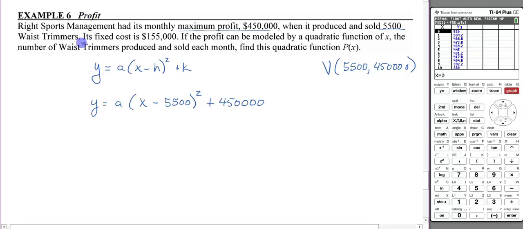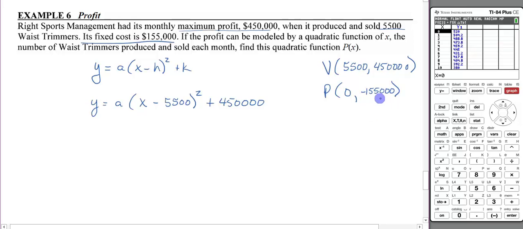Well, they've given me this figure that the fixed cost is $155,000. That means even if they produce zero product, then they're still going to have a cost of $155,000. In terms of a profit, what would that be? Well, this point is if we produced 0 on the number of waist trimmers, then our profit would be a negative $155,000.